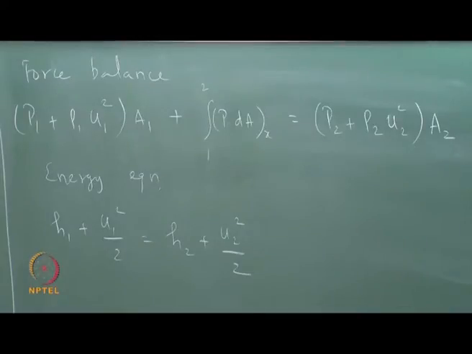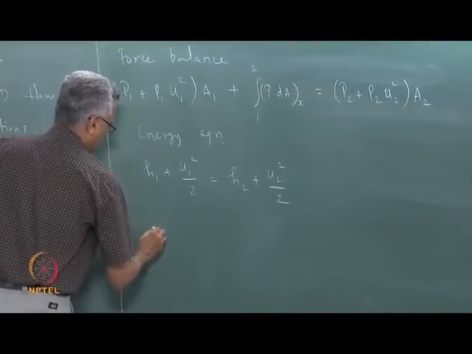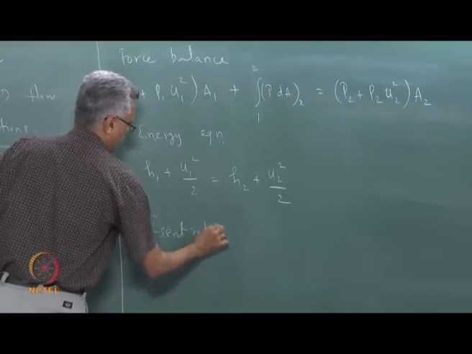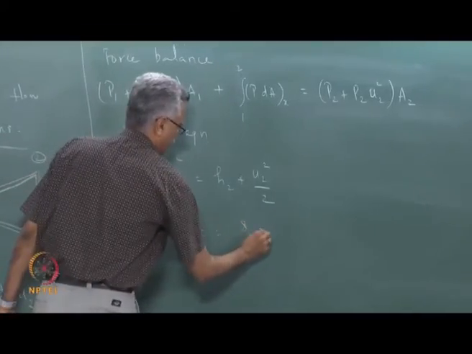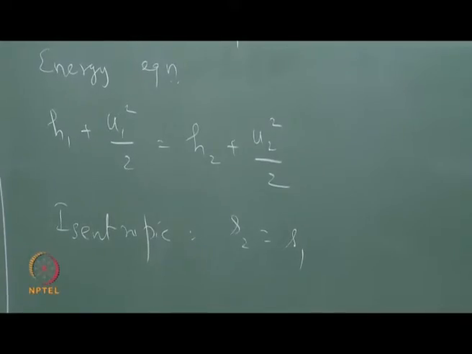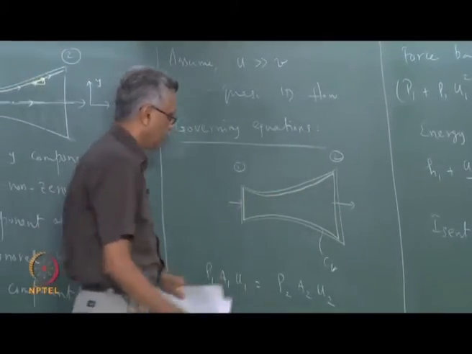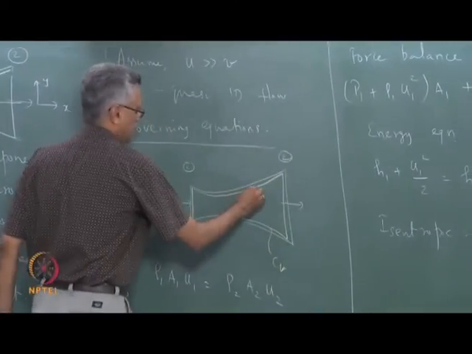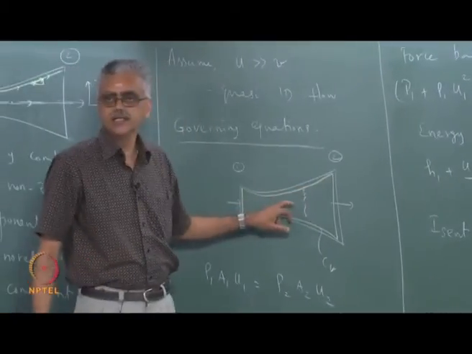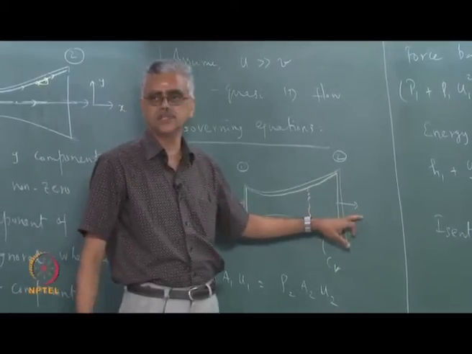And it is also a good engineering approximation to assume that the flow is isentropic and the entropy remains constant, which means S2 is equal to S1. However, we also allow for the possibility that under some operating condition there may be a normal shock sitting anywhere in the passage. So, the entropy remains constant up to the shock, increases across the shock and then remains constant afterwards.